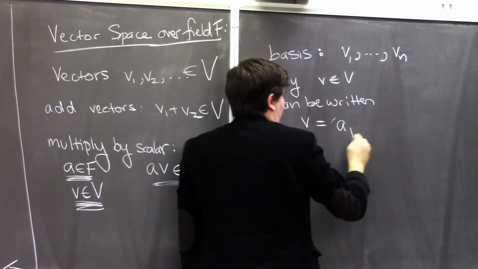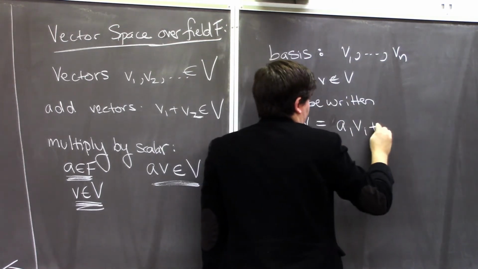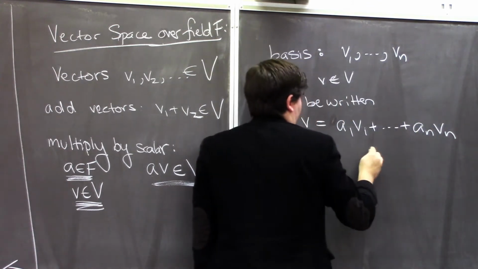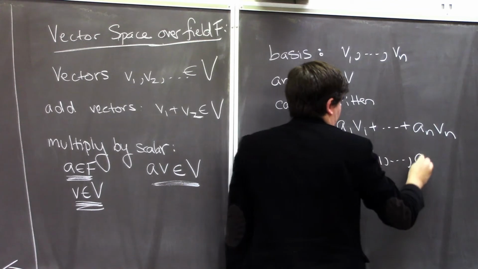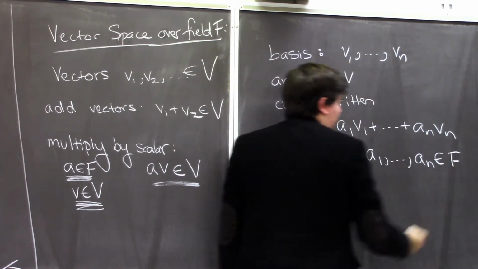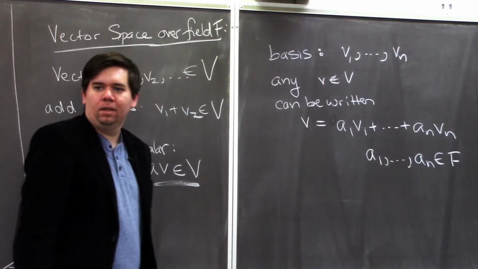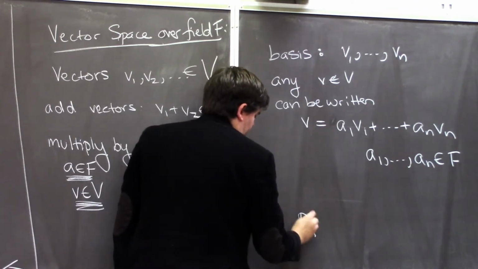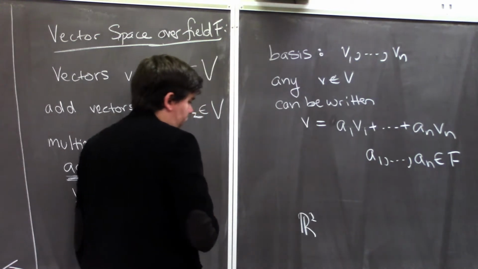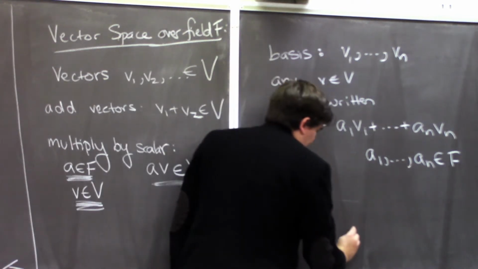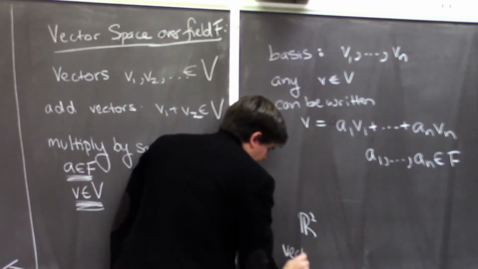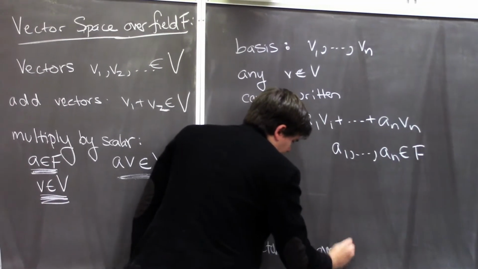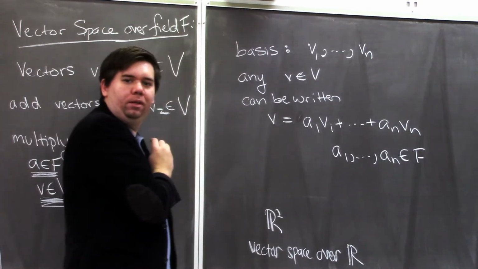Some scalar a1 times v1 plus through some scalar an times vn, where all of your scalars are in whatever your field is, like in the real numbers. So the classic example of this is if you're in R2, you would say that R2 is a vector space over the field of real numbers.